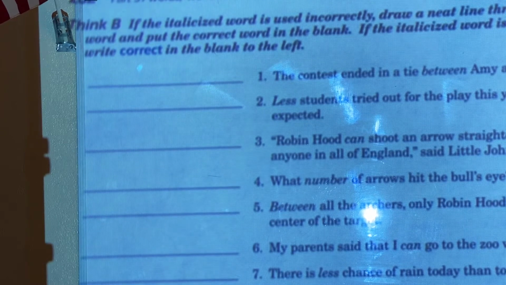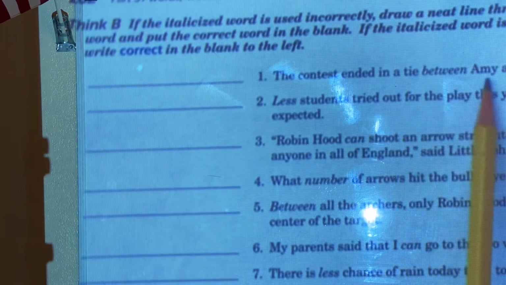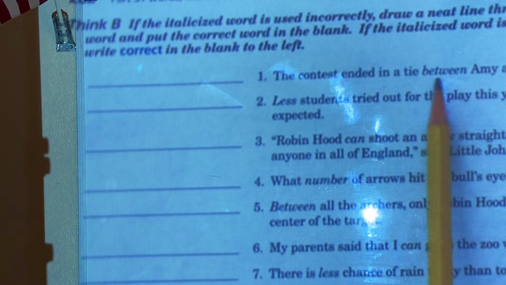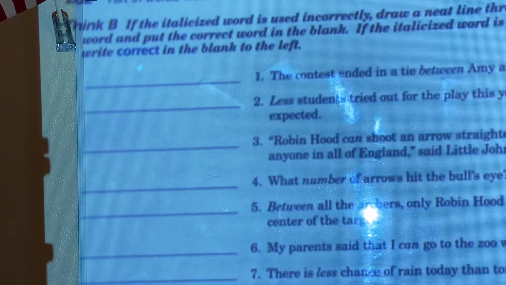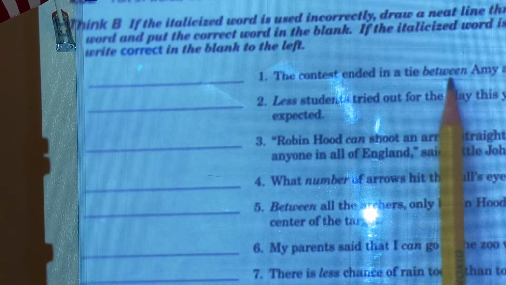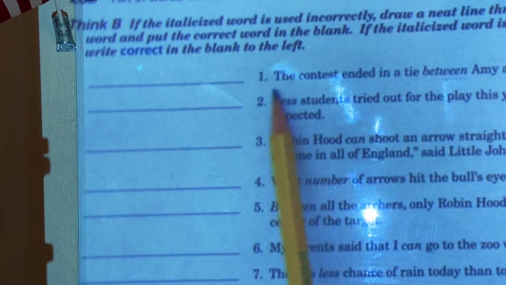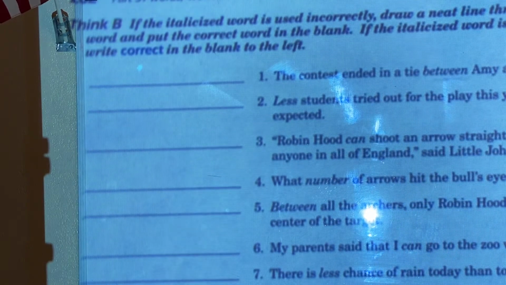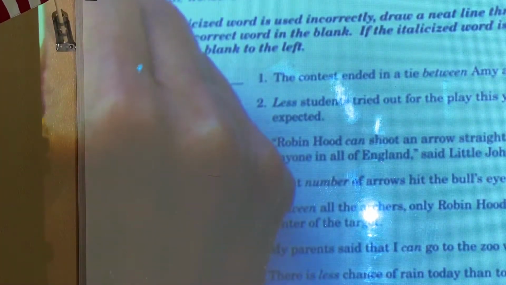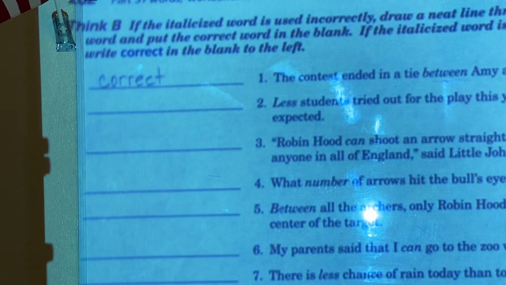So because it says the contest ended in a tie between Amy and Emily, do you think between is used correctly, or instead should it be among? If we read the sentence, the word between is correct. So on the line that is provided to us, we are going to write correct, okay?